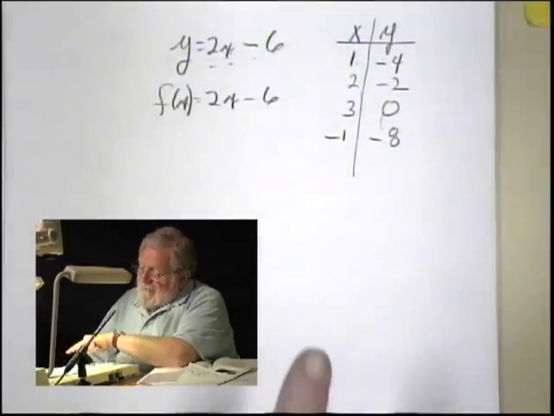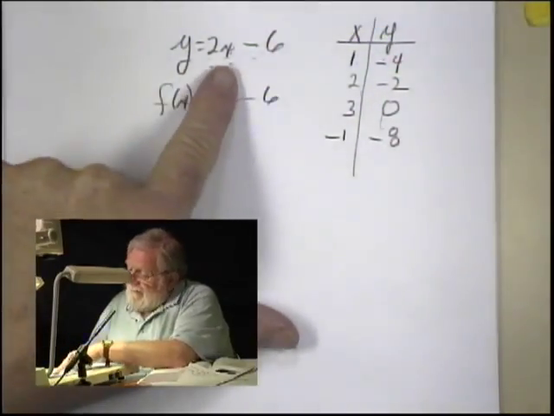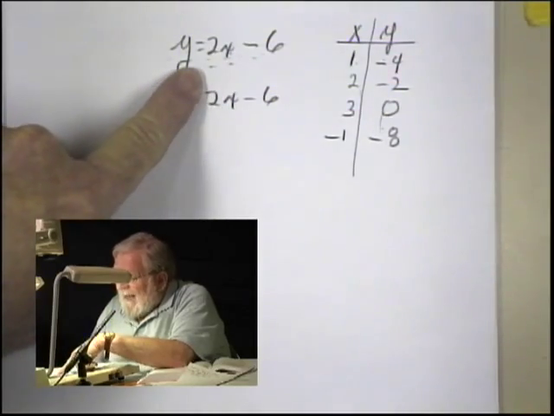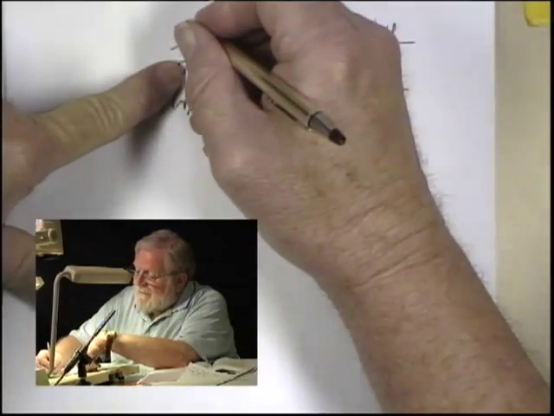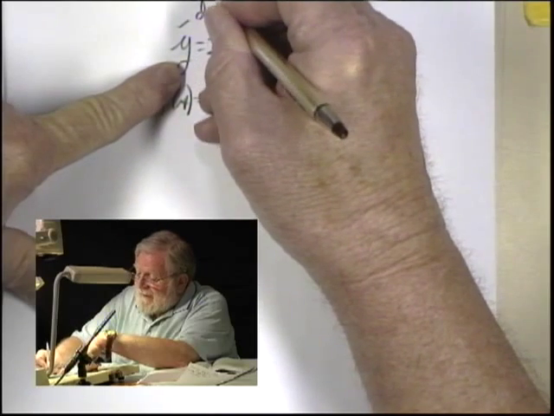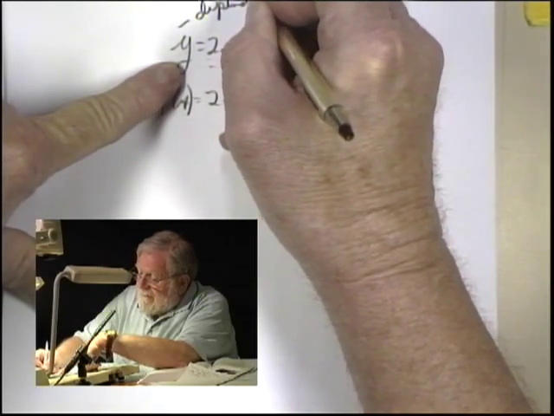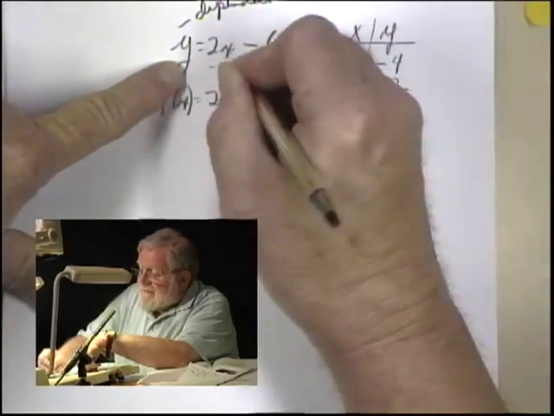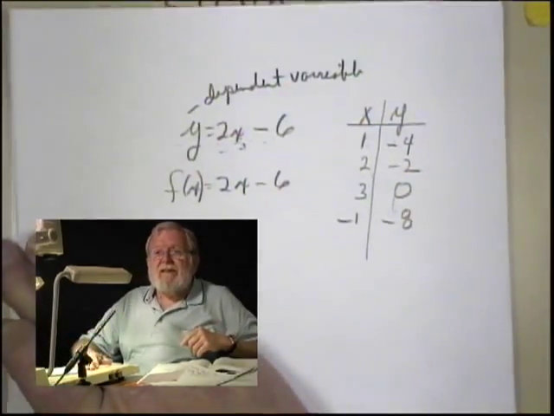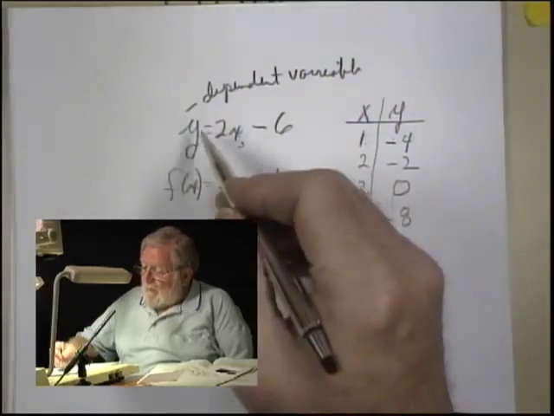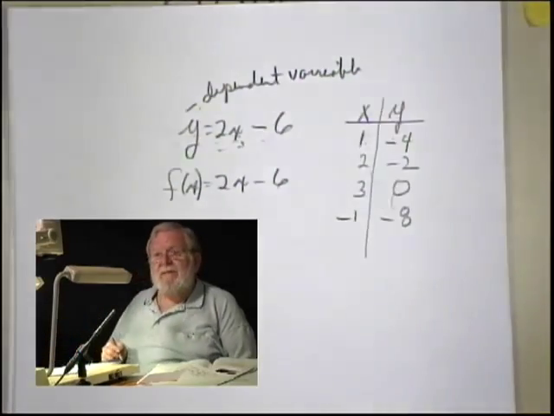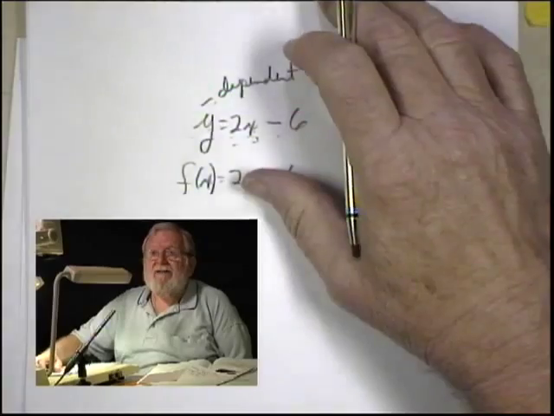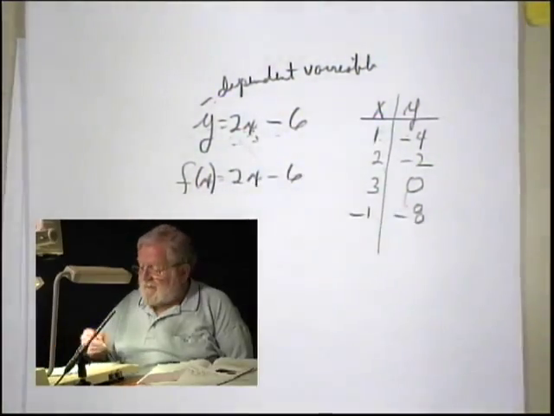So we can call y a dependent variable. It depends on the value that we assign x. y is the dependent variable. It depends on the value that we give to x.